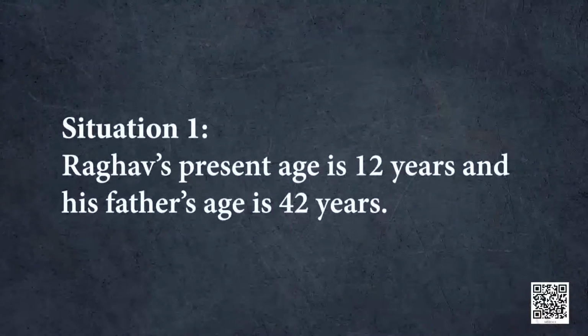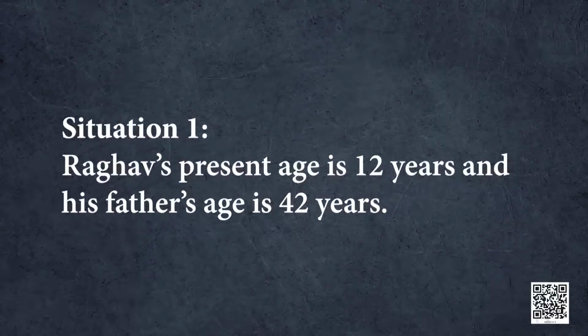Consider these situations. Situation 1. Suppose Raghav's present age is 12 years and his father's age is 42 years. Then what will be their age 4 years ago, 6 years ago, 4 years later and 6 years later?